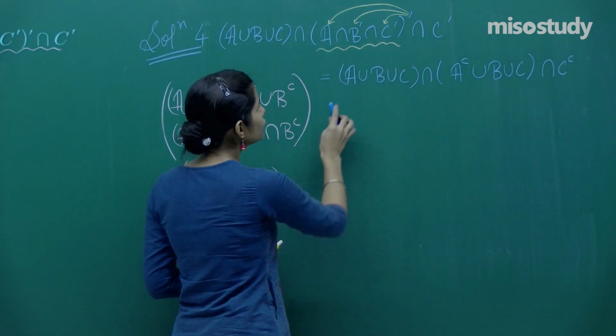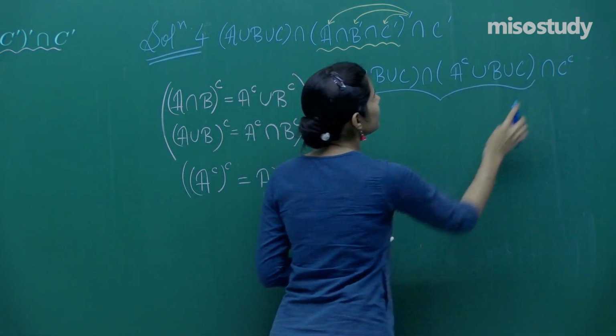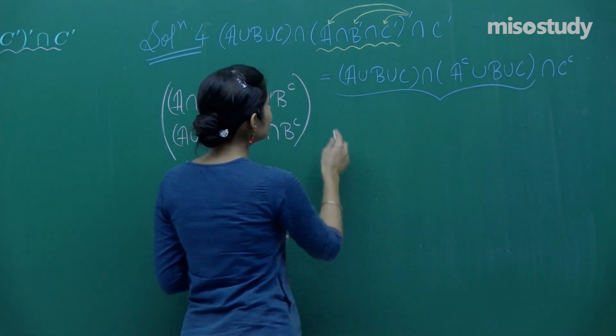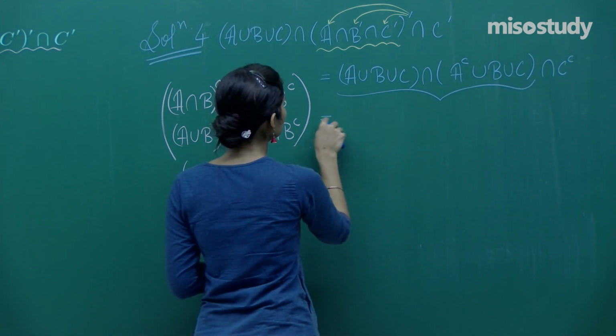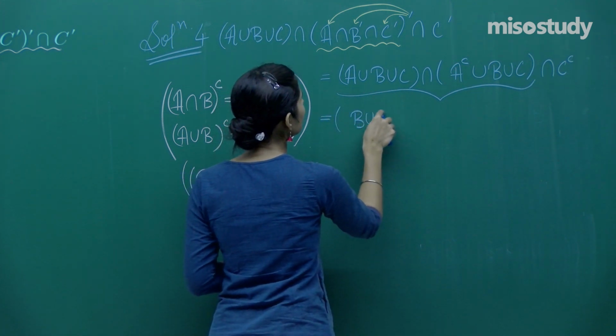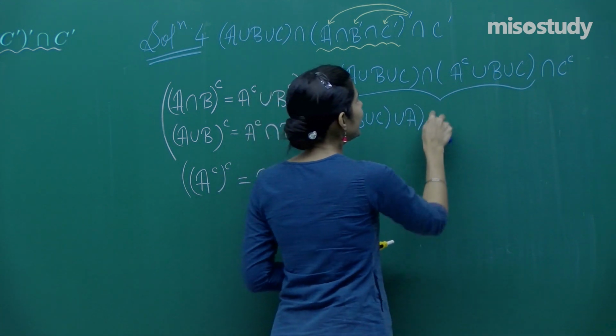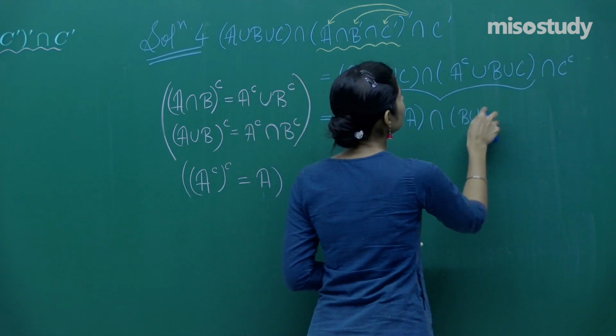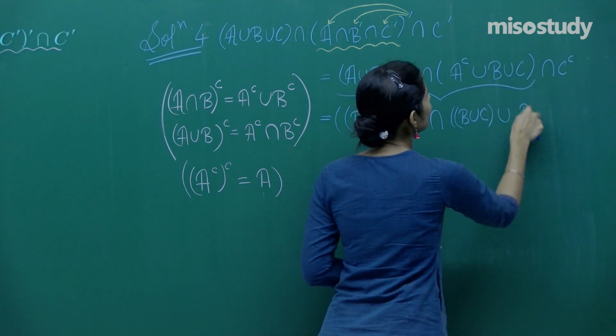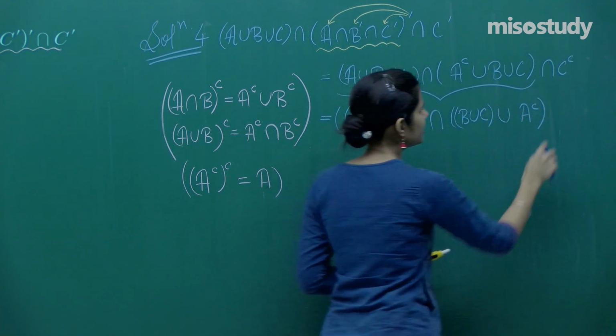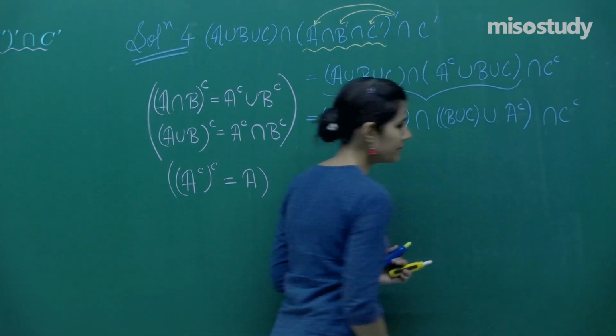And now, if you try and read these two expressions together, you will see that this actually turns out to be B union C union A intersection B union C union A complement intersection C complement.